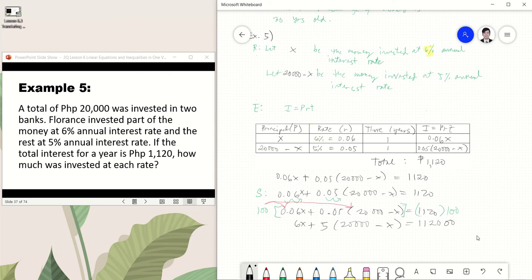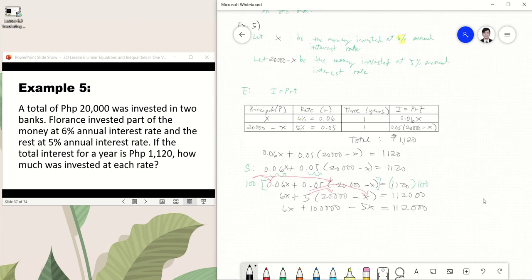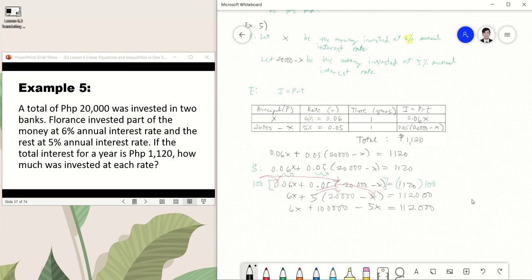Then, we simplify this by distributing 5 to 20,000 and to x. So, 5 times 20,000, 5 times negative x. So, magiging 100,000. Dito naman, magiging minus 5x. So, take note, 6x minus 5x, just x.